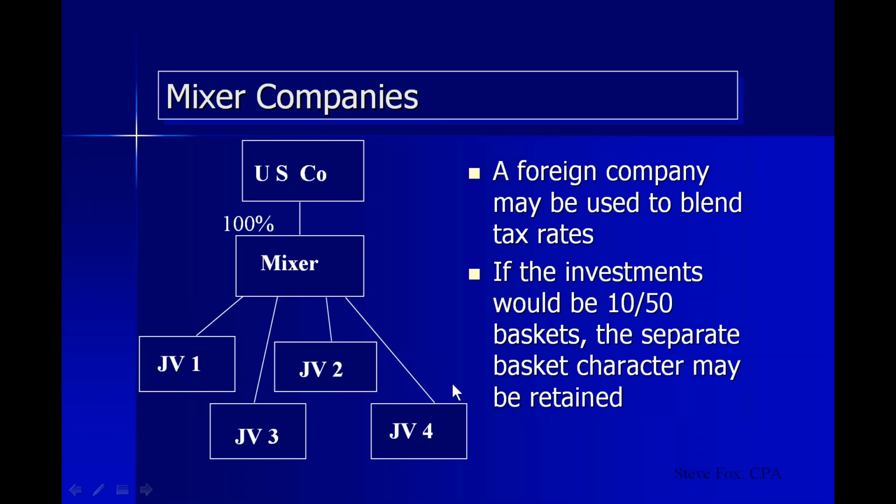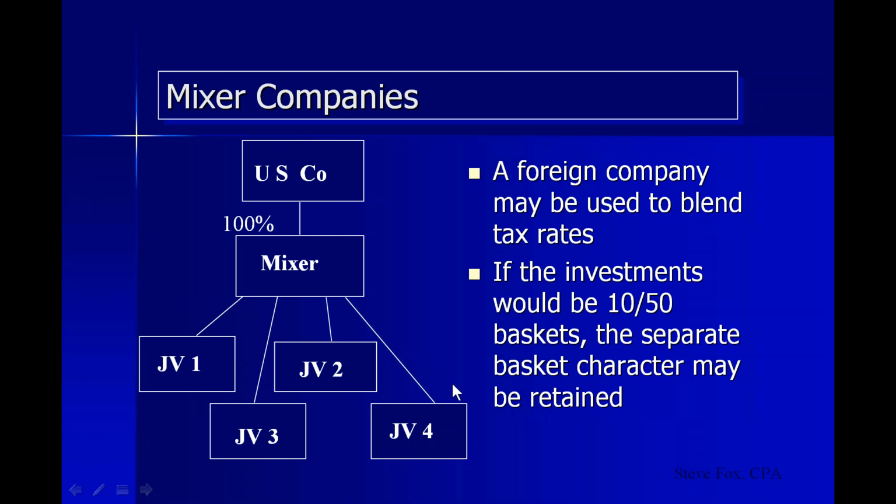But first, let's talk about mixer companies. Mixer companies is a term that's been around for the entirety of my career. The concept is you have a subsidiary that holds various joint venture companies or various checked entities in different countries that have differing tax rates.